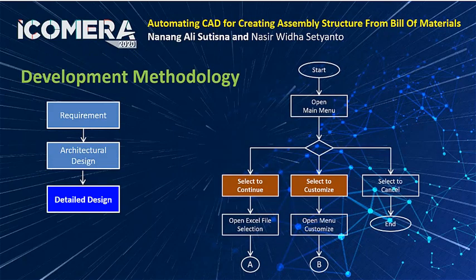The next step is detailed design. In this case, we need to specify all the detailed configuration of the code. The two main functions in the program are to customize the Excel format and to generate the CAD assembly.